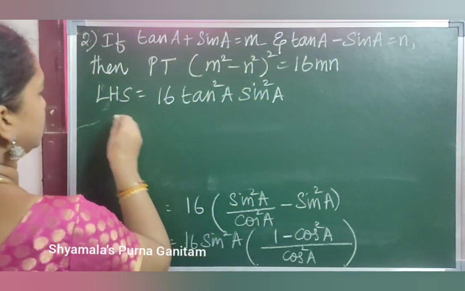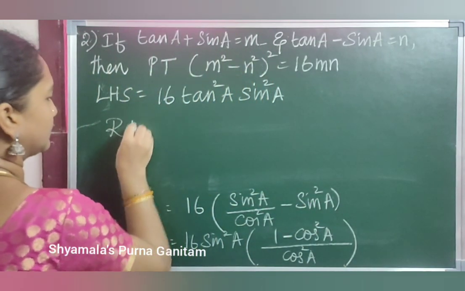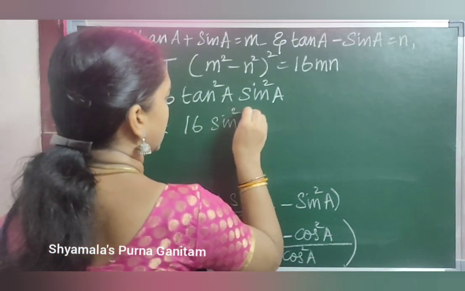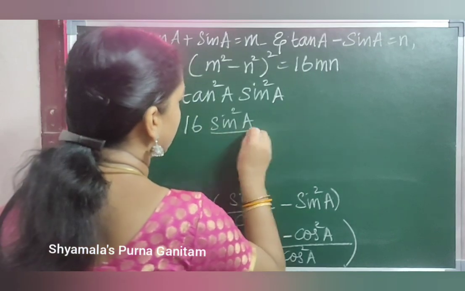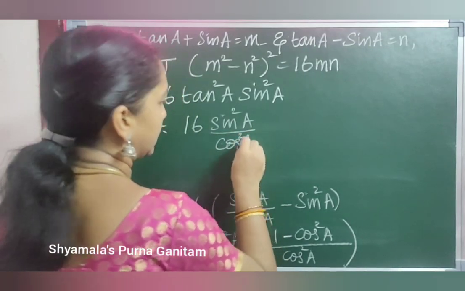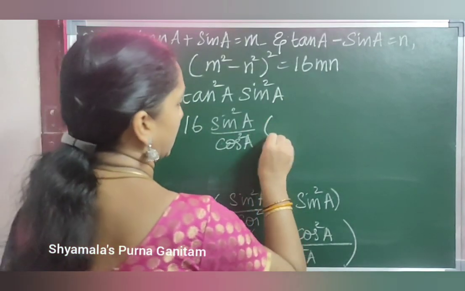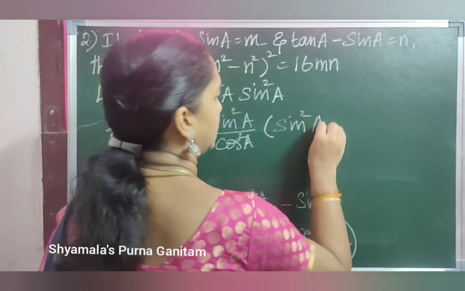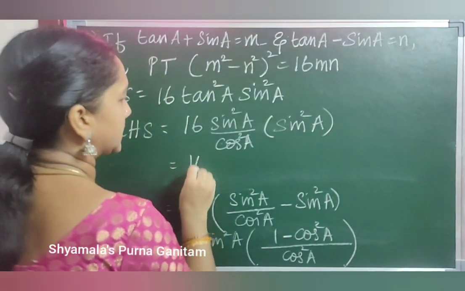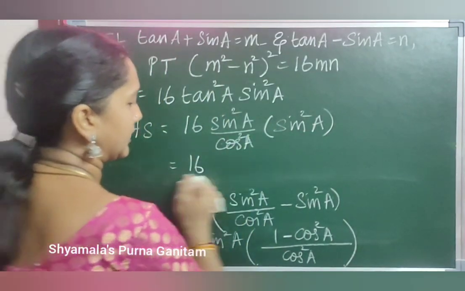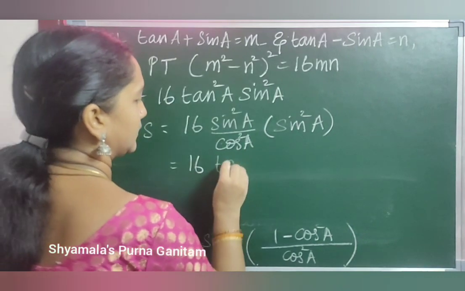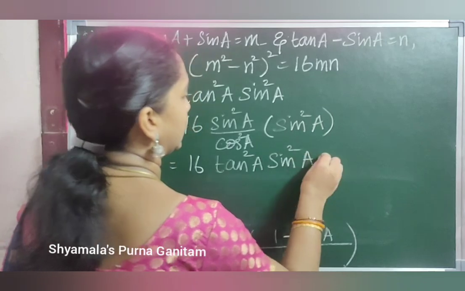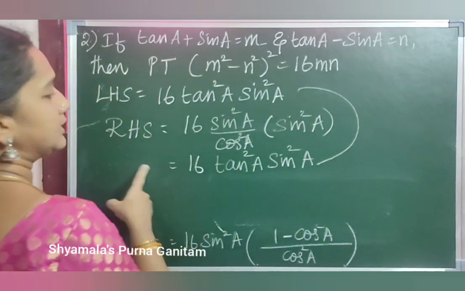So I will get 16 sin squared A. This cos squared A, I am bringing it out. So cos squared A, I will write it below this. So the balance will be 1 minus cos squared A, so that is sin squared A. So this is 16 sin squared A by cos squared A, which is tan squared A. So 16 tan squared A sin squared A. So this is my LHS.